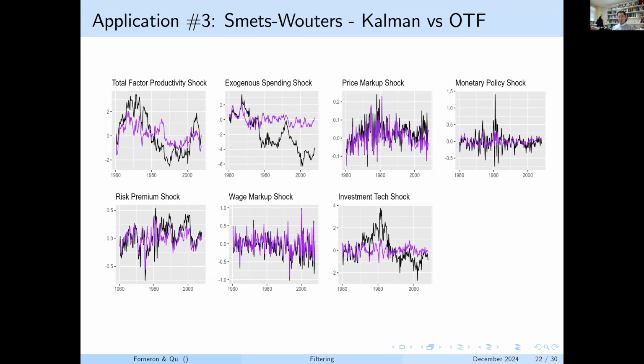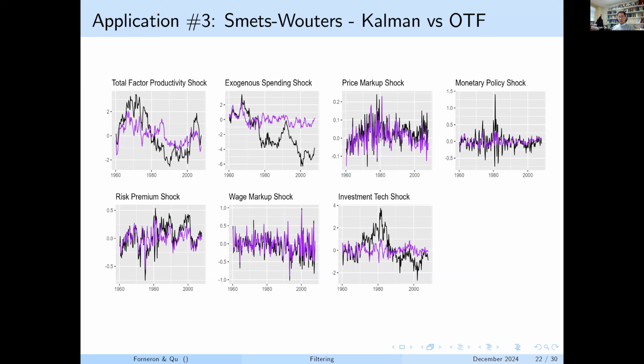Finally, if you look at the investment shock near the 1980 period, we see mostly positive values. And that's kind of hard to interpret because we don't expect this period to be associated with a blessing in terms of investment technology innovations.